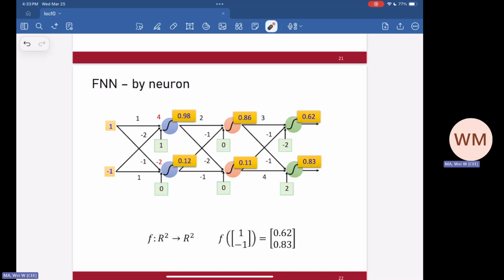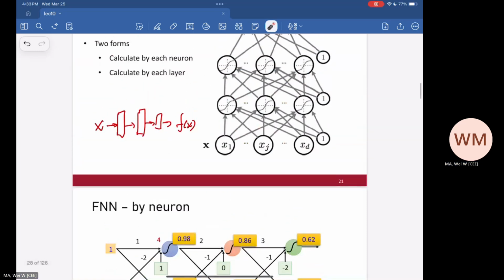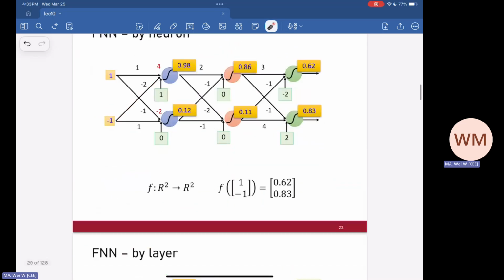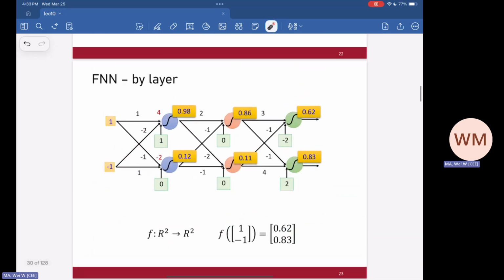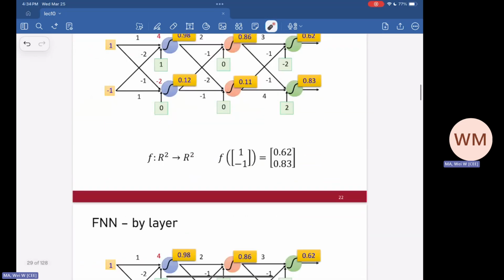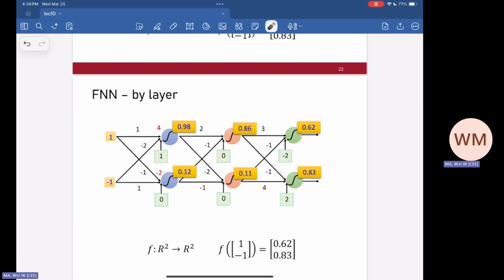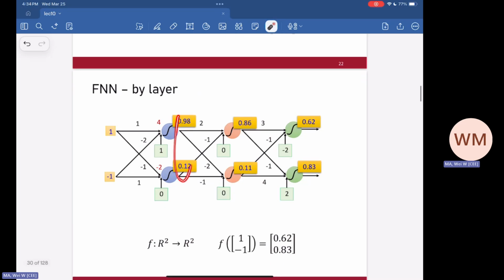If you write a neural network on your computer, it's not calculated like this, neuron by neuron, which is actually not the true way to do it. What we should do is calculate by layers. For example, if you're using PyTorch or TensorFlow, what it's actually doing is calculating directly by layers. Let me show you.